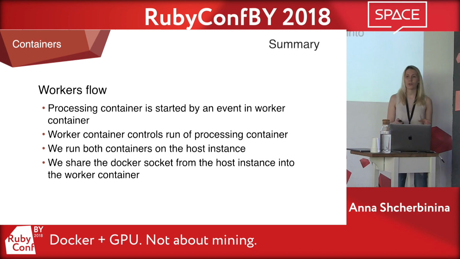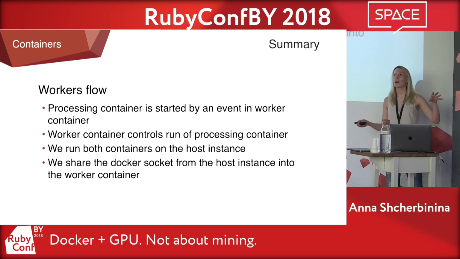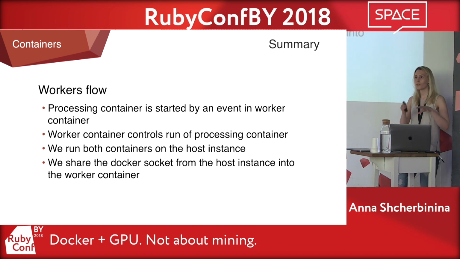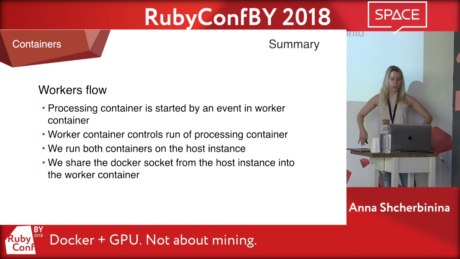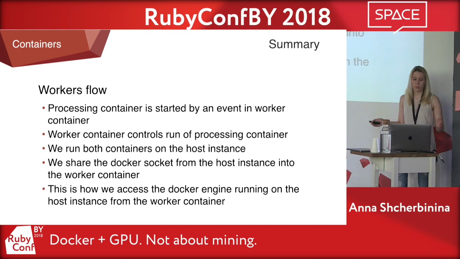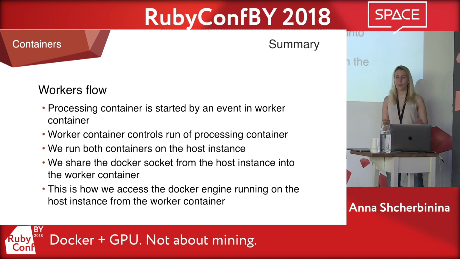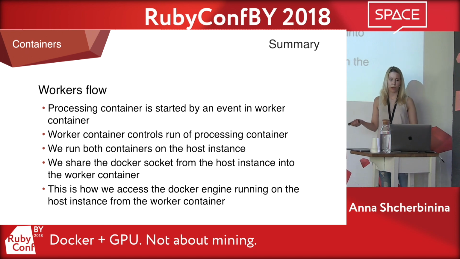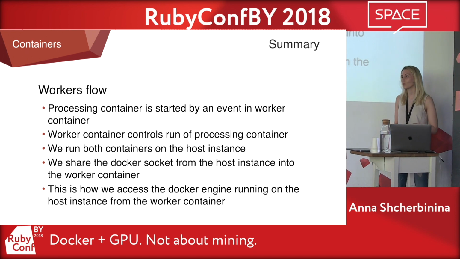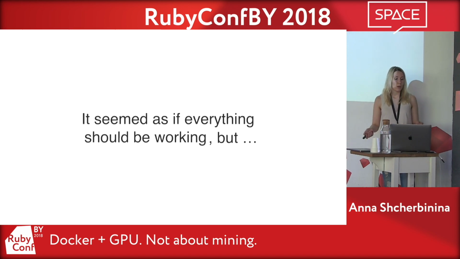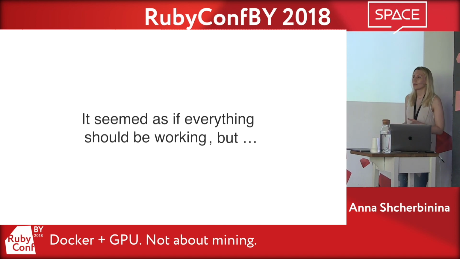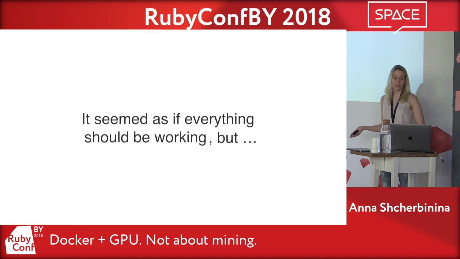We share the Docker socket from the host instance to the worker container to make it accessible from the worker container, and to run both containers on the host instance. And yeah, it gives me access to the Docker socket and the Docker engine of the host instance from inside the worker container. Well, I expected that it would work, but it doesn't work.